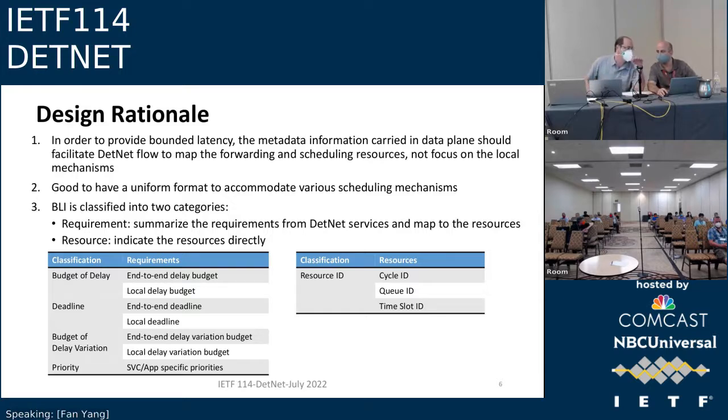I'm not sure I quite catch the question, but here we define a format, and this format can be placed in the hop-by-hop or the destination options header. So this information can be processed either hop by hop or at the end destination.